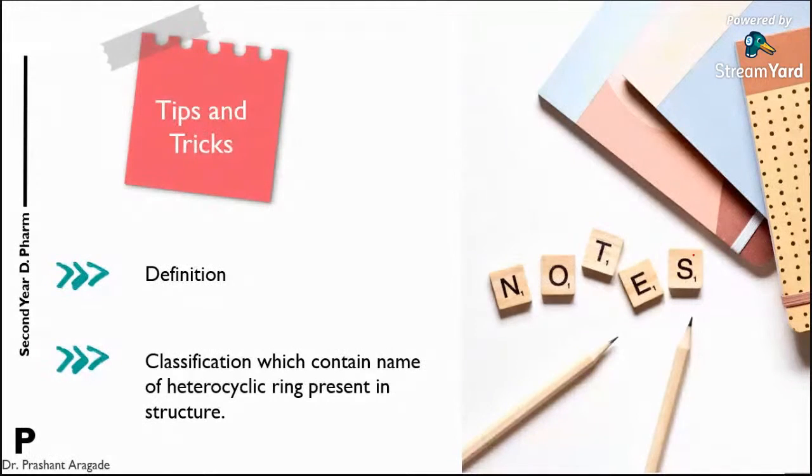One notebook, a very small 100 pages notebook, is sufficient for writing the definition and classification of PC2, isn't it? In that notebook, there is only definition and classification. Apart from that, there is nothing.